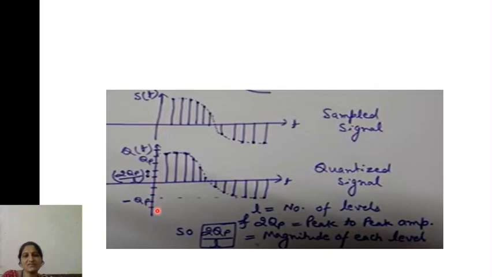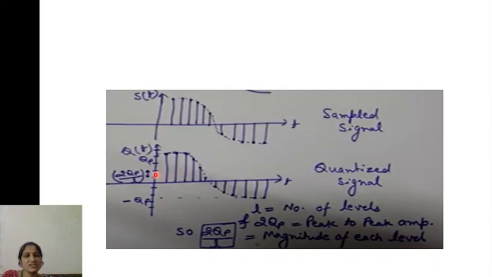How can you calculate the length of each part? Suppose L is the number of levels and 2QP is the peak to peak amplitude. Then the magnitude of each level is equal to 2QP by L. 2QP by L is the length of each amplitude step. So this is the finally quantized signal level.